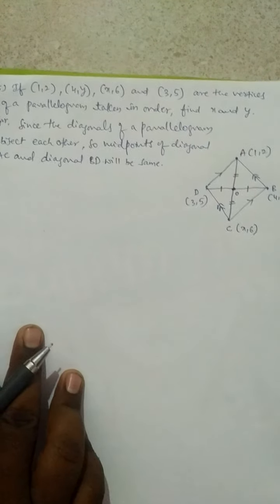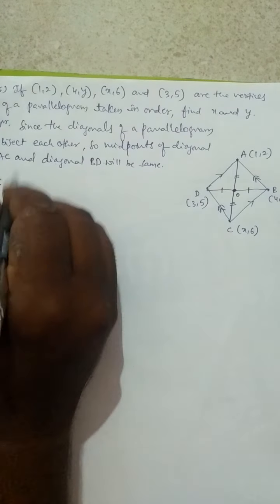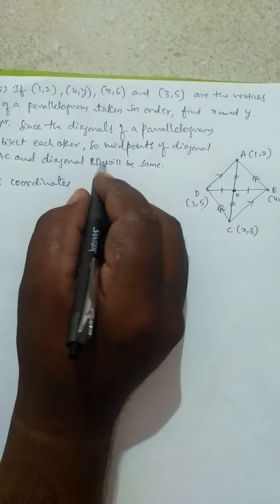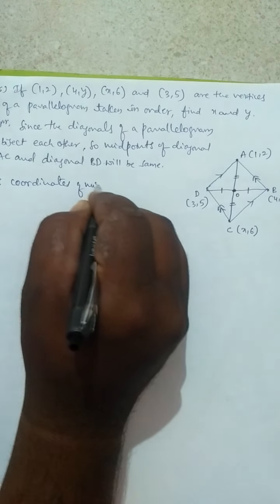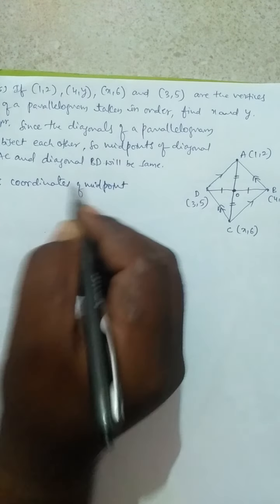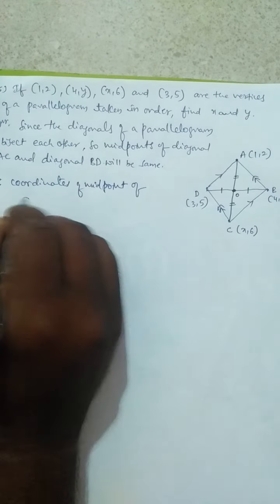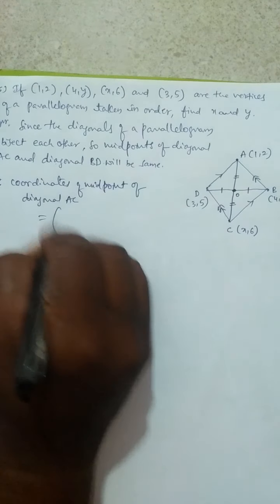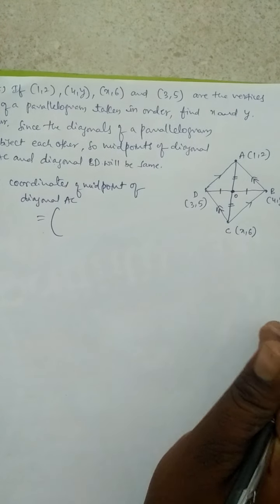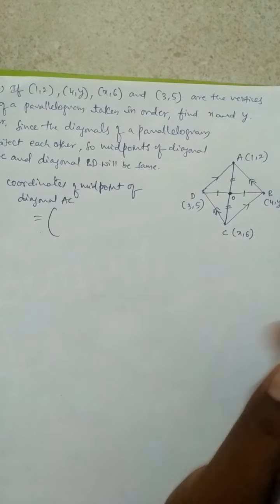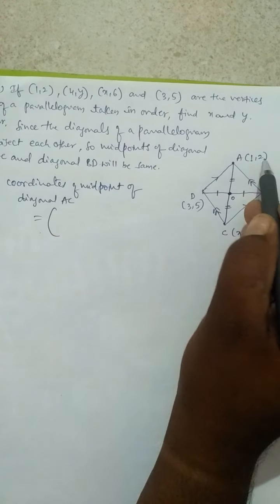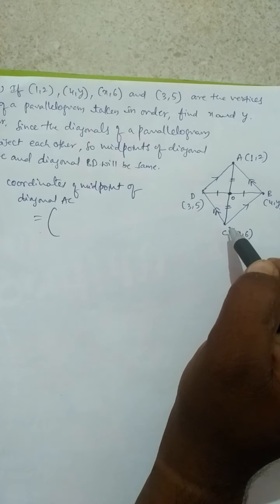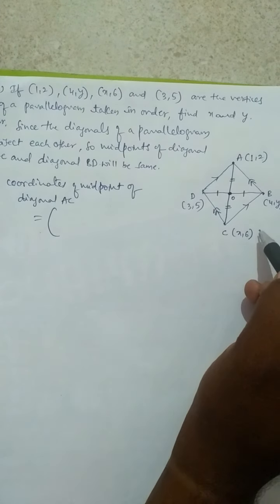So what we have to write? Therefore coordinates of midpoint of diagonal AC, that is equal to, here how to find the midpoint of two given coordinates: if this is x1 y1, this is x2 y2, then you have to add the x coordinates and divide by 2, add the y coordinates and divide by 2.